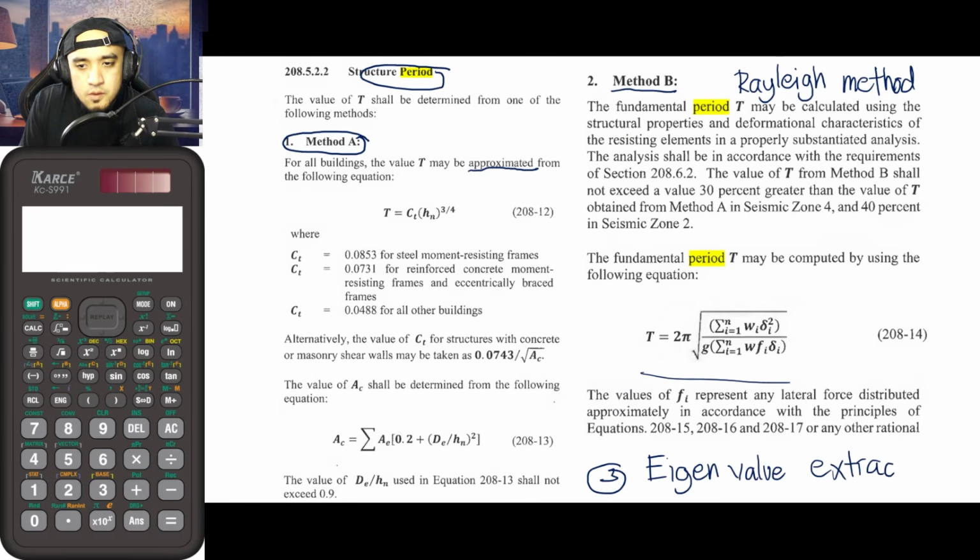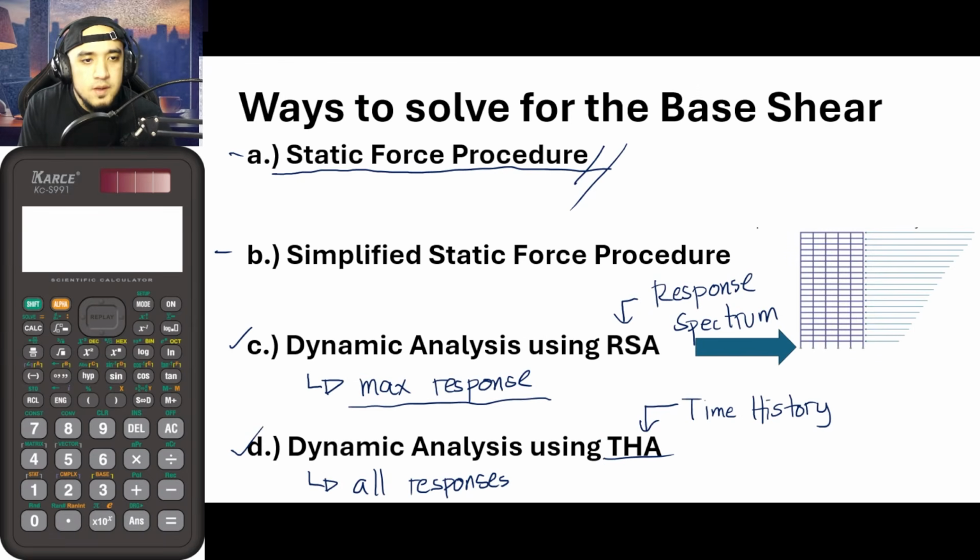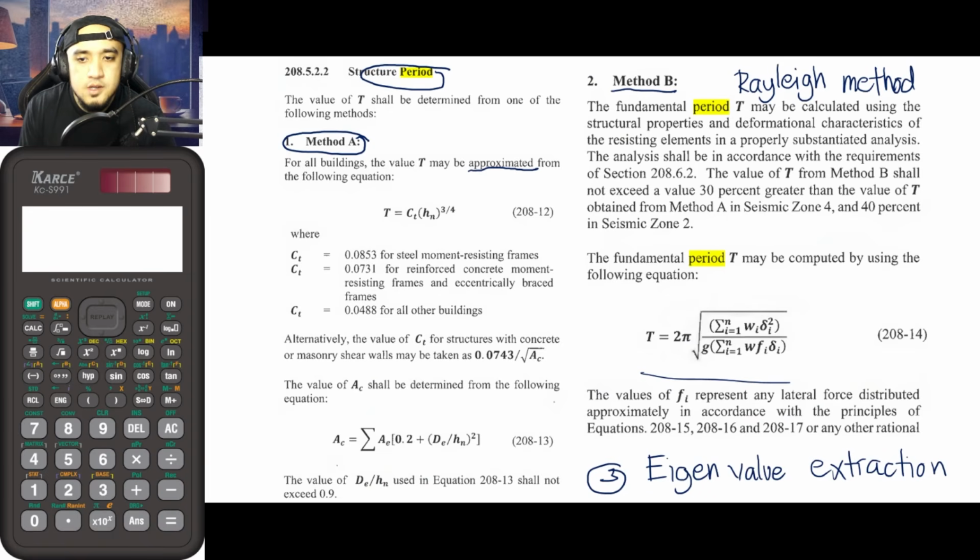If you would be making use of dynamic analysis, regardless if it is RSA or using THA, the best method for you to use is that of the eigenvalue extraction method. Because once again, this would give you the most accurate period.